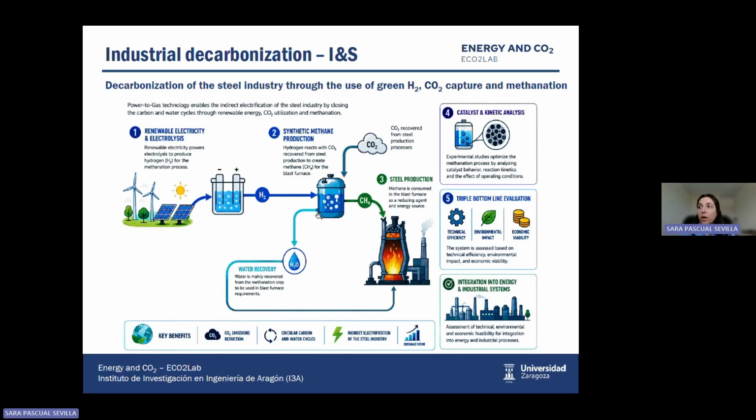And then we can also close the circular carbon cycle, and also we can close the water cycle, because for some of the decarbonization scenarios proposed, we can recover water from the methanation process to use in other processes in the steel production.